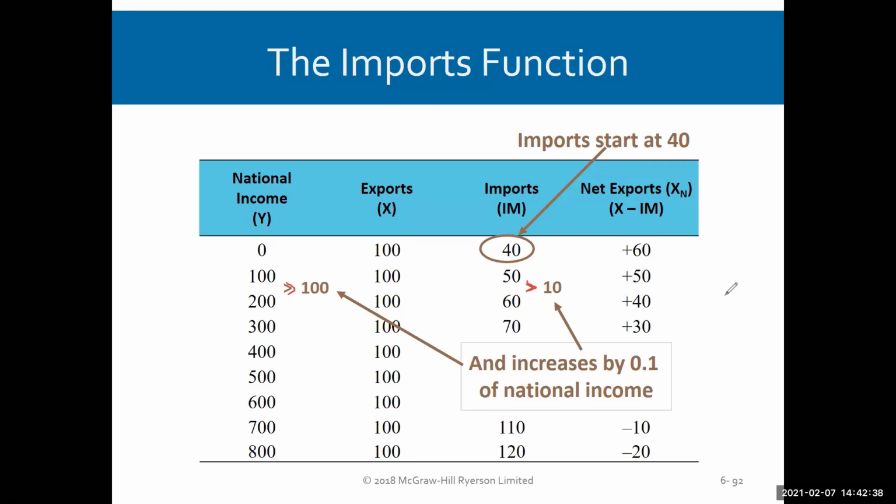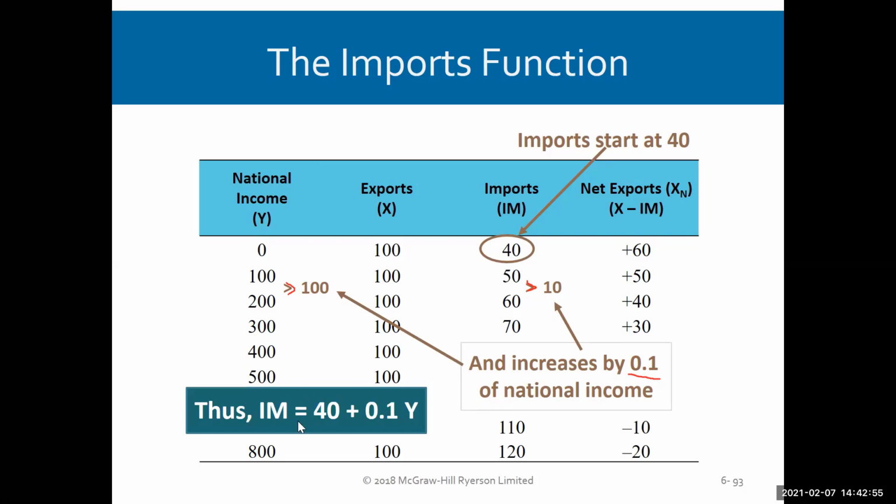And if you were to click back to the previous slide, you would say the marginal propensity to import, or the MPM, is 10 over 100. So it's 0.1. Imports increase by 0.1 of national income increases. So we can actually pull out our formula right now. Imports are equal to 40, that's the autonomous component, plus 0.1y, that's the induced component.